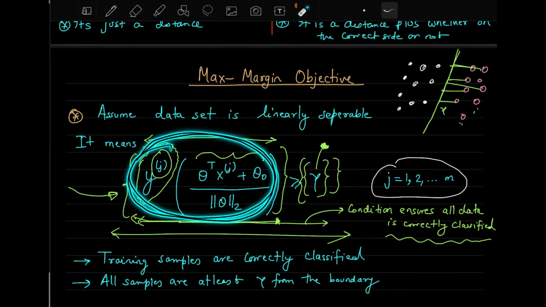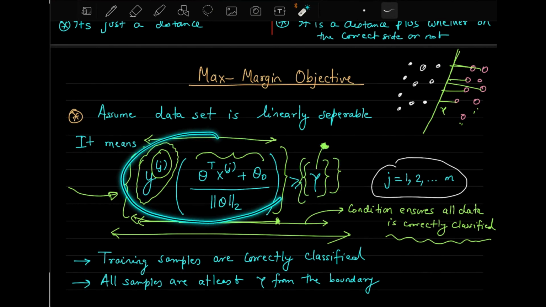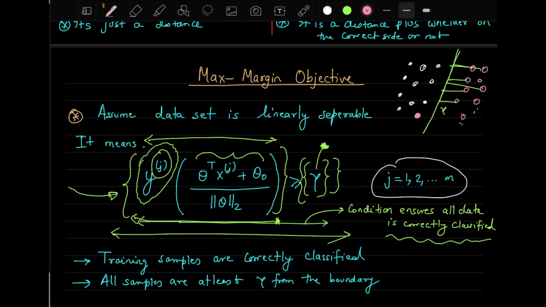But gamma is independent of all that information, and we want gamma, which is the minimum value of all that, to be such that this particular thing should be at least greater than gamma, so that the problem of this type of situation should not occur. That is, this purple point which is here should not come.